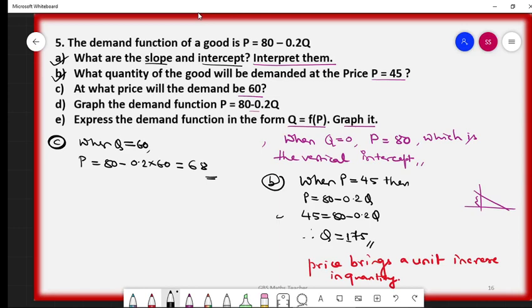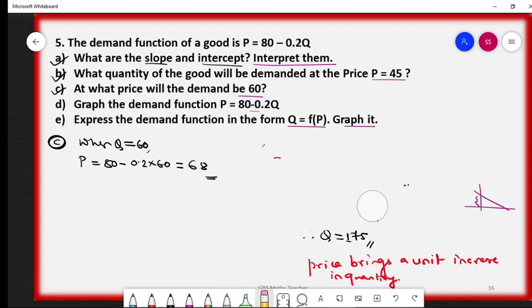You have to conclude this. And graph the demand function P equal to 80 minus 0.2 Q. So let me draw this part also. How to graph this function? It's not a tough part.